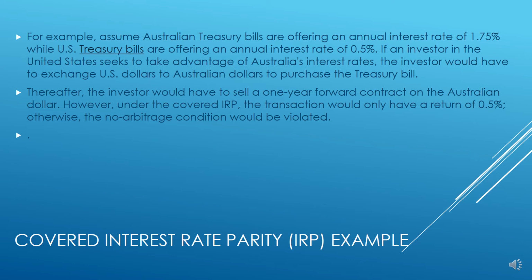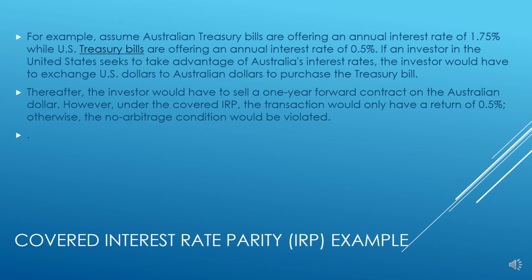We can take an example of covered interest rate parity. Assume Australian Treasury bills are offering an annual interest rate of 1.75%, while US Treasury bills are offering an annual interest rate of 0.5%. If an investor in the United States seeks to take advantage of Australia's interest rates, the investor would have to exchange US dollars to Australian dollars to purchase the Treasury bill.